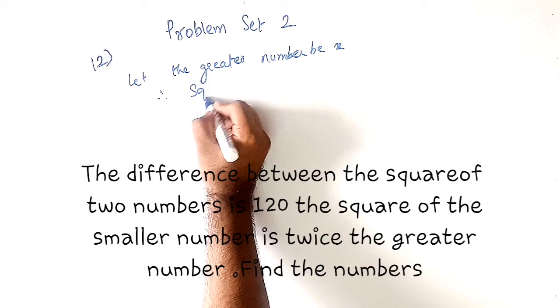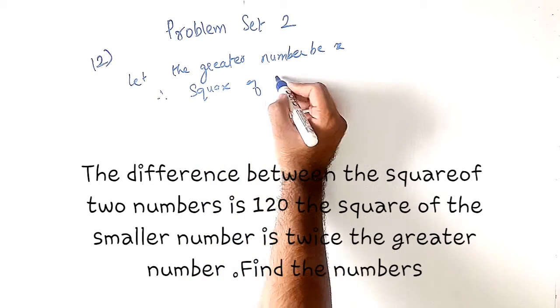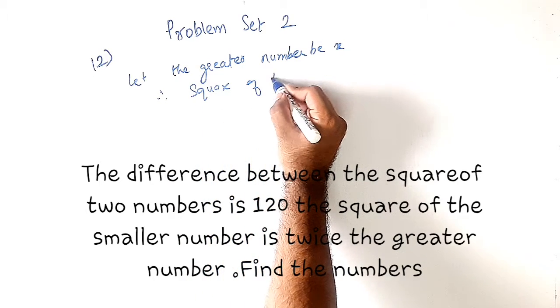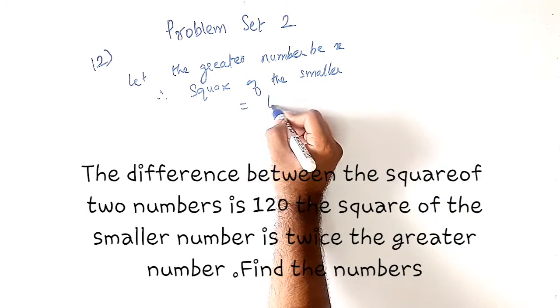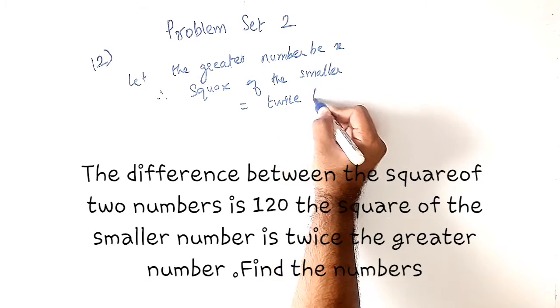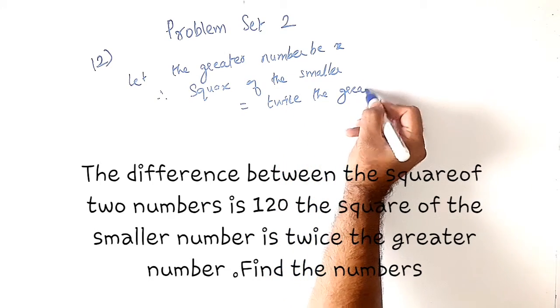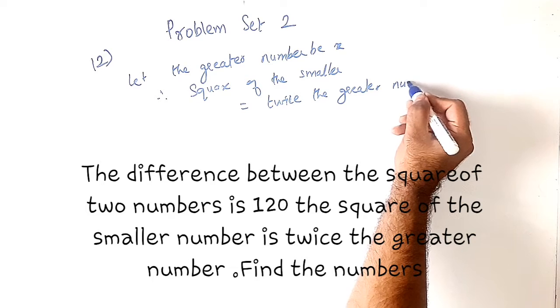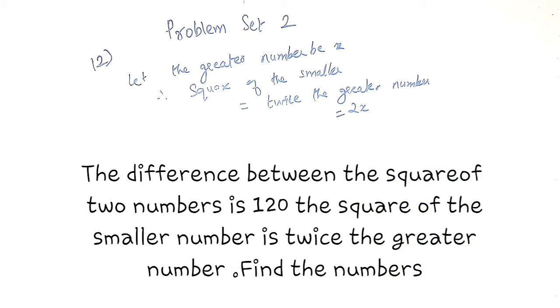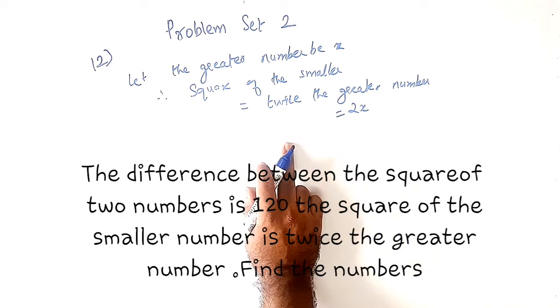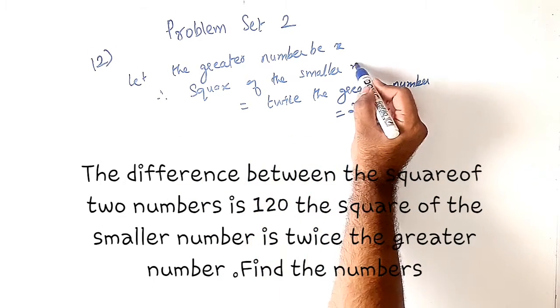Therefore the square of the smaller number is equal to twice the greater number, that is equal to 2x.